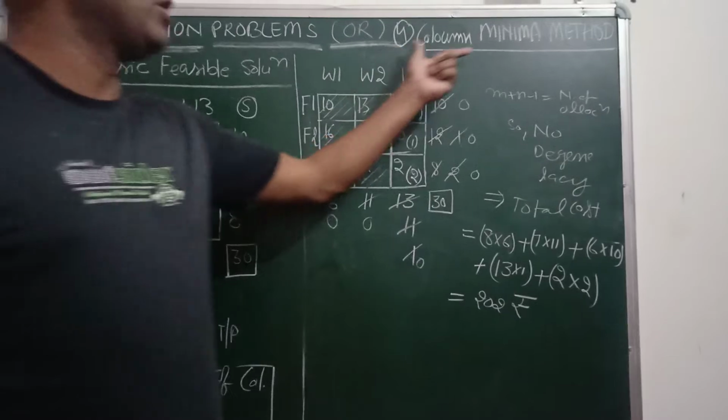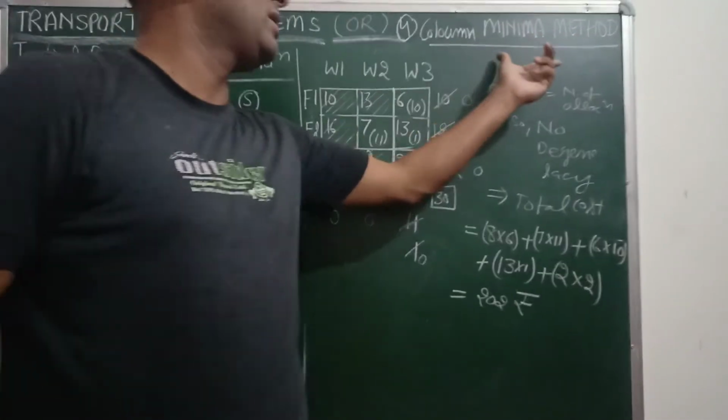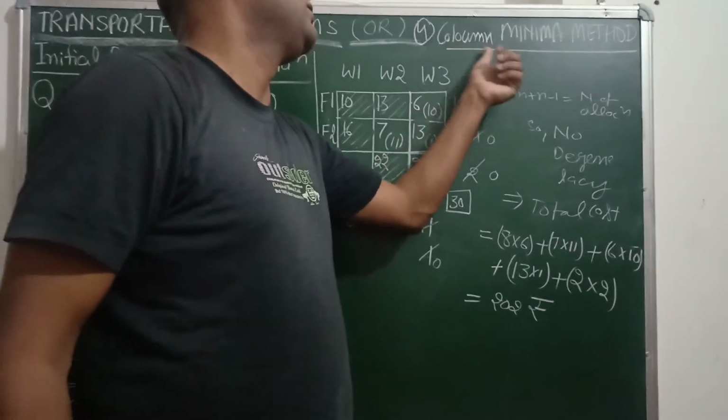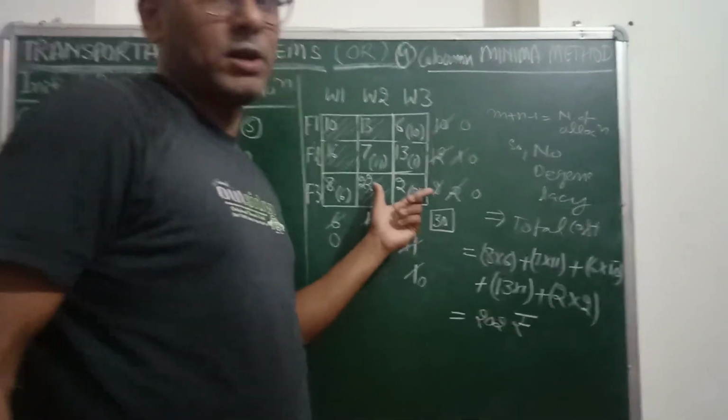So this is the column minima method. Row minima and column minima are the same in principle, but you have to take care of whether you have to choose the row or the column.